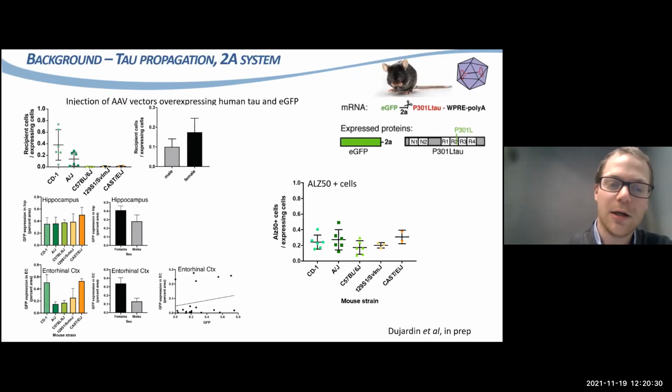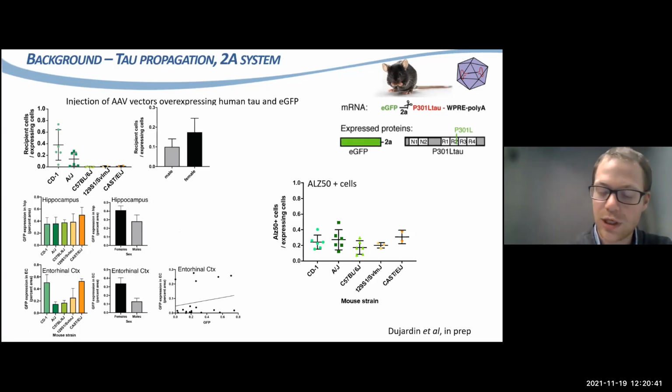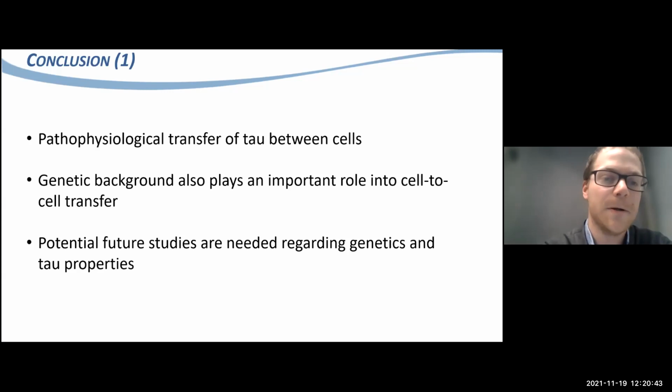Basically, we confirmed that in another study that is ongoing right now with different models, which is really showing that the genetic background of mice, and I guess maybe humans as well, is really important in this cell-to-cell transfer system.